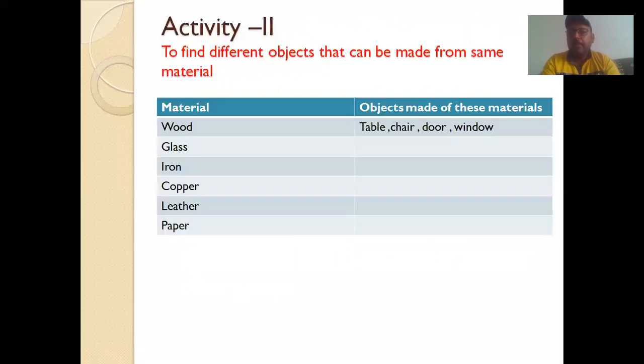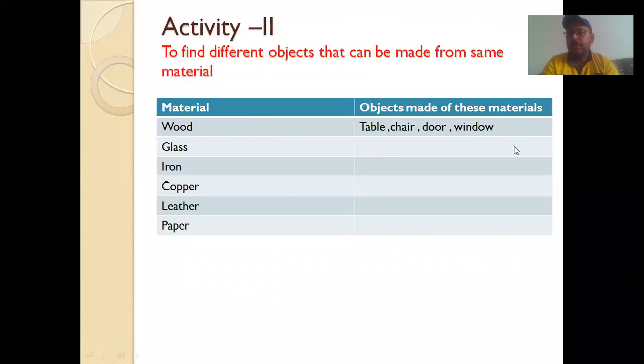Same way, activity on the basis of the second topic, that different objects can be made from the same material. In this activity, the first example I have given is wood.